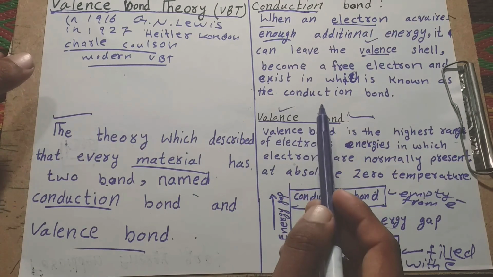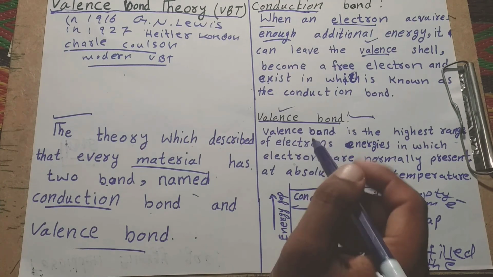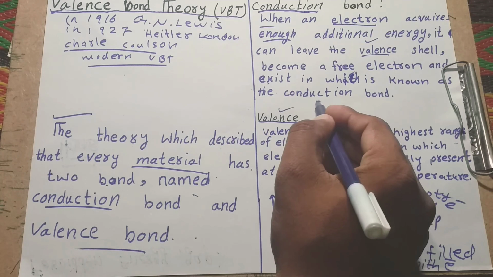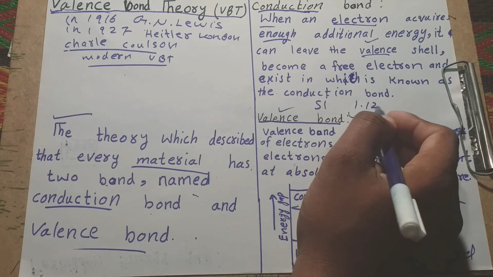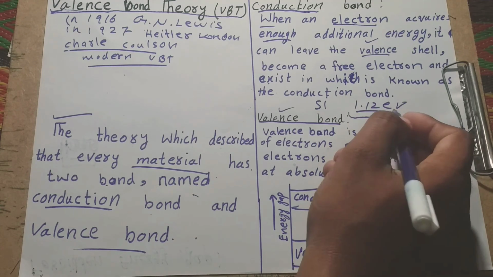An example is silicon, and the value of its gap is 1.12 electron volt.